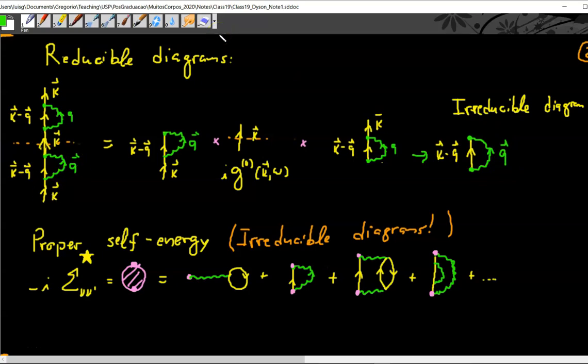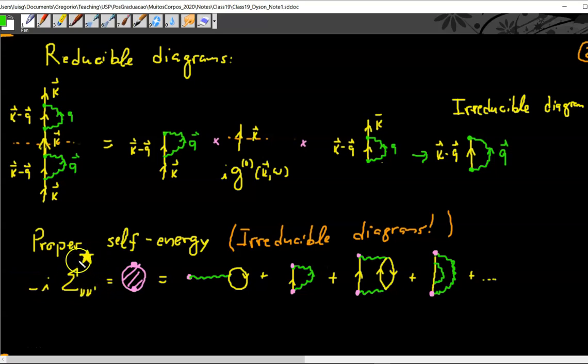And if you take a series of diagrams like that, we form what we call the proper self-energy, which is just a sum of irreducible diagrams just like this one. So the proper self-energy is defined here. I define it with a minus i times this symbol with a star.